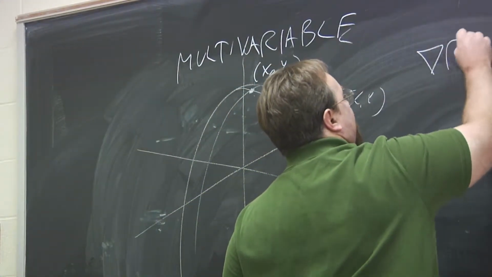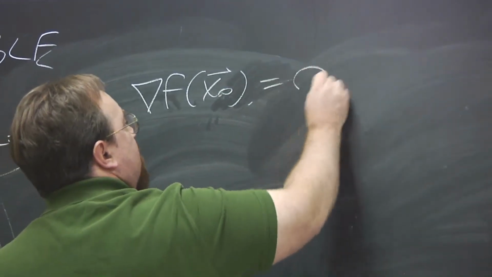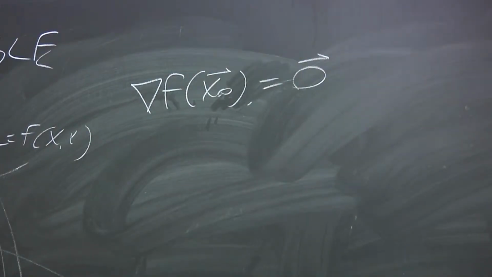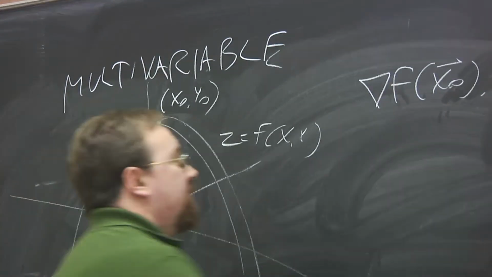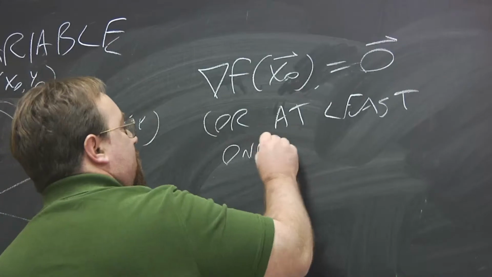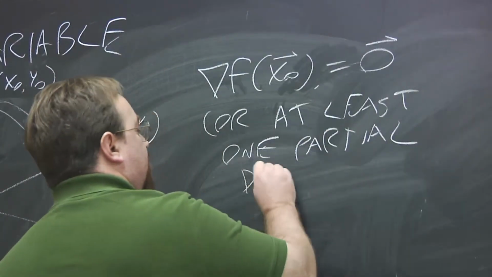the gradient of f, and what I'm going to say applies to any number of variables, not just two, must be the 0 vector. So all partial derivatives at this point must be 0, or at least one partial derivative does not exist.